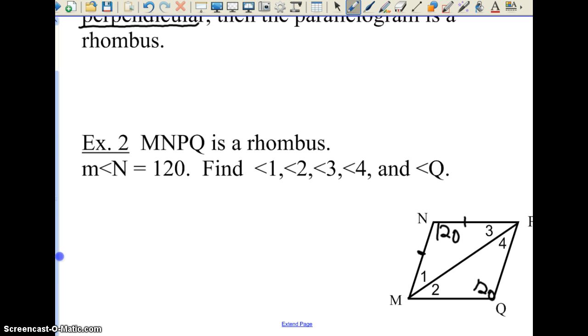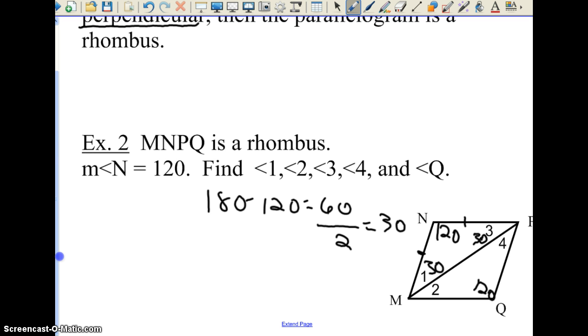We know that 1 and 3 are going to be congruent to each other, based on the previous example. Therefore, let's see, 180 minus 120 makes 60. We're going to divide that by 2, so each one is 30. Angle 1's 30, angle 3 is 30. Well, it bisects, so 4 is 30 and 2 is also 30.